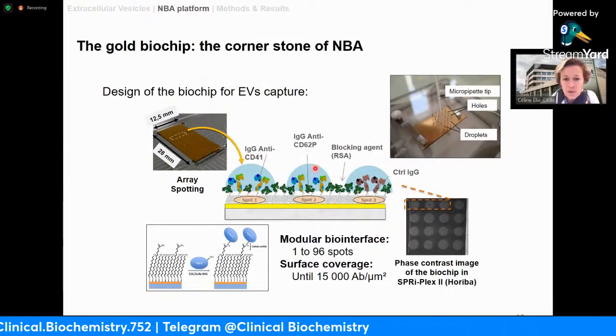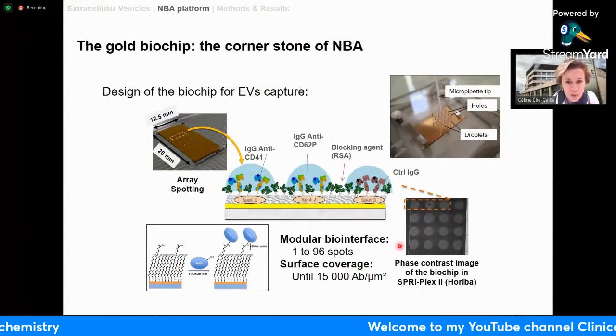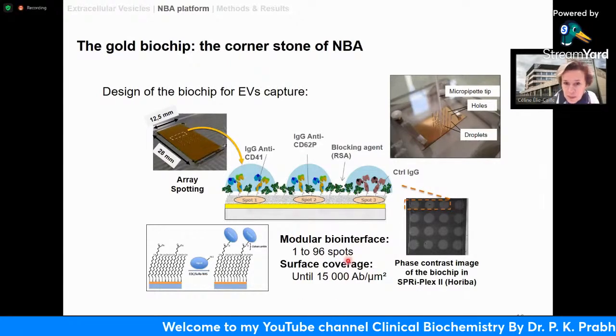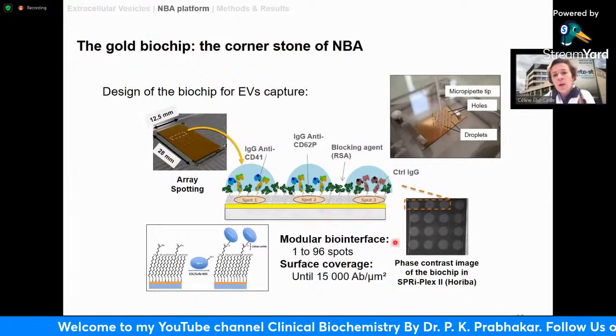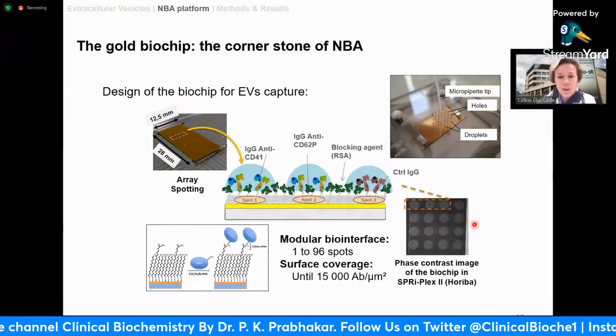So in each spot, you get a different potential ligand, and on each ligand you will have this capture. We can tune the number of spots and the density of the antibody inside the spots. We use a spotter for that, to deposit different arrays.